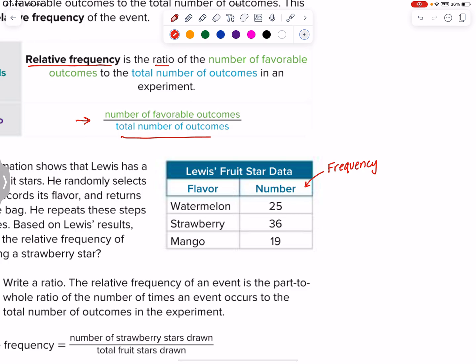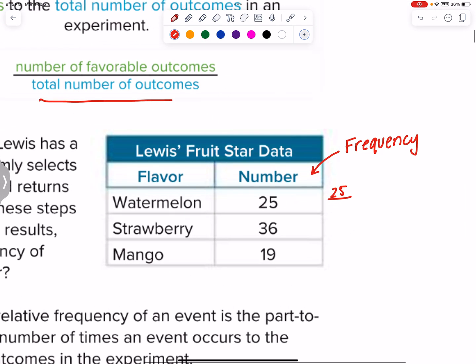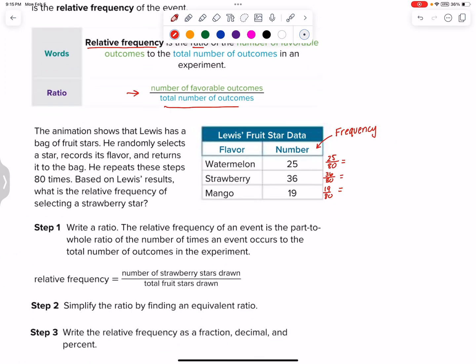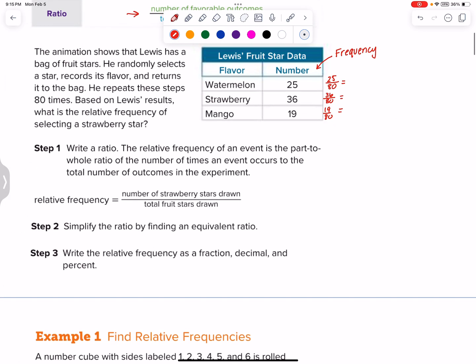You would take 25 and divide it by the total number of outcomes, which was 80, because we pulled 80 times. Then you would do 36 divided by 80, and 19 divided by 80. We end up with this relative frequency, which can also be represented as a decimal and as a percent. That's what we're going to get into as we continue on down here.